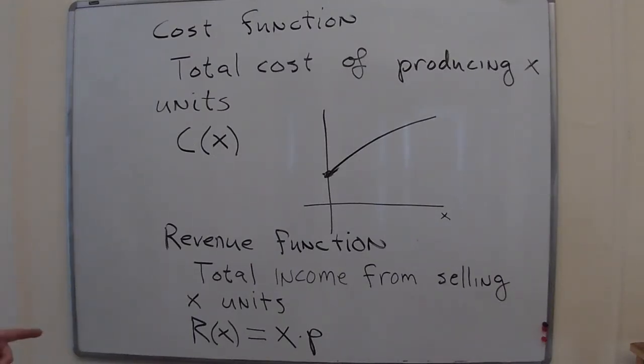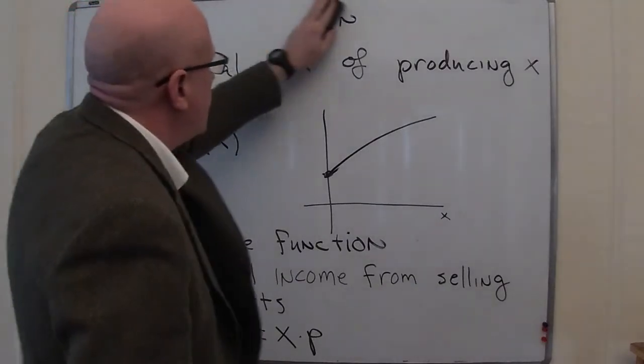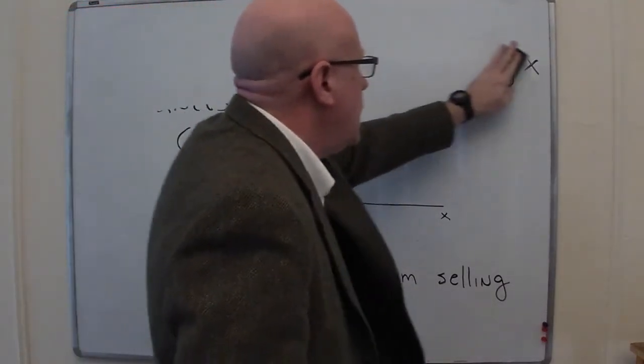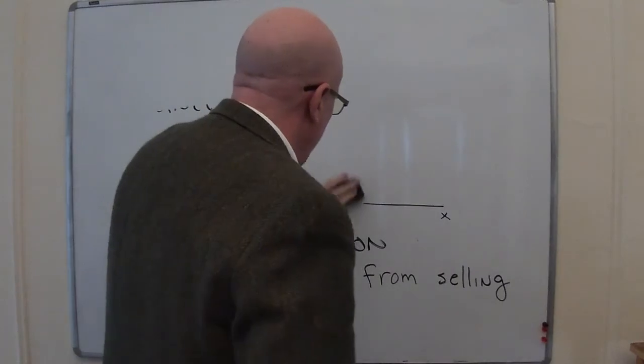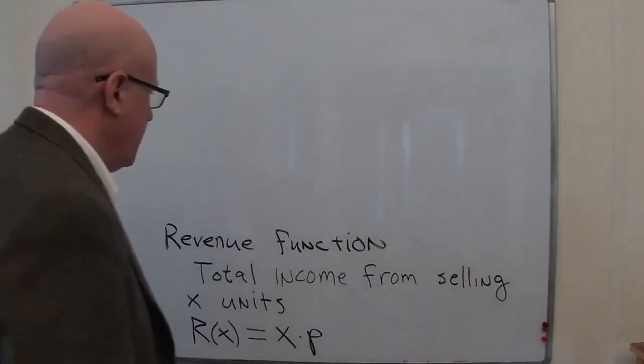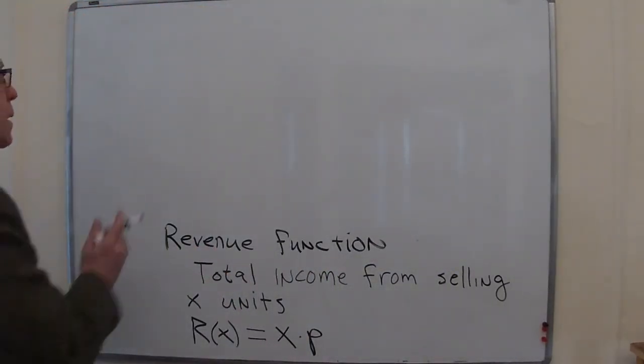Okay, and finally, I'll start again at the top. There's the profit function. How much money do we actually generate from our economic activity of producing x units?